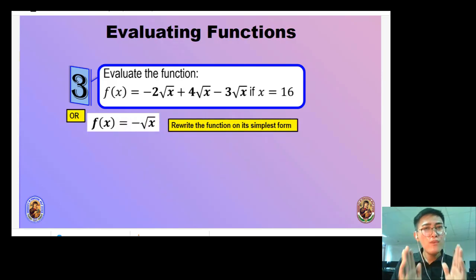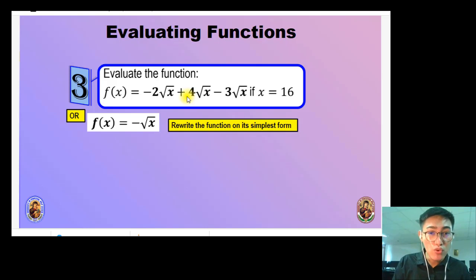Or, if you want to have the shortcut for number 3, you just combine each term we have here. These 3 terms are like terms. Why? As you can see, their variable is the same because that is square root of x only. Square root of x is common to all terms. And hence, we can just combine them or perform the operations involved in there. For example, negative 2 plus 4, that would be positive 2.